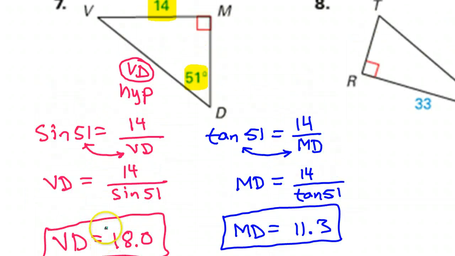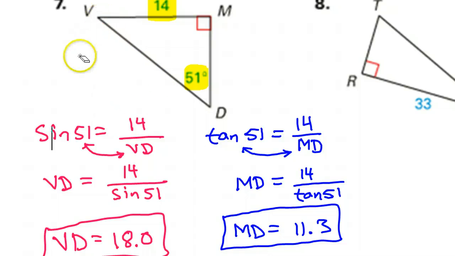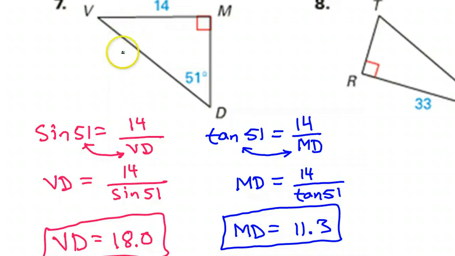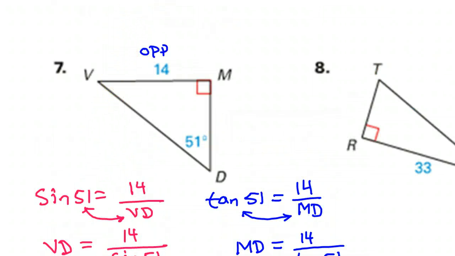So we found the 2 missing sides, MD and VD. Okay, there's still one more piece that we need, and that is angle V. The fun thing about angle V is that we don't need to do any trig functions or inverse trig functions either. If we're given one angle, you can find the other angle simply by subtracting from 90. In other words, angle V should equal 90 minus 51.